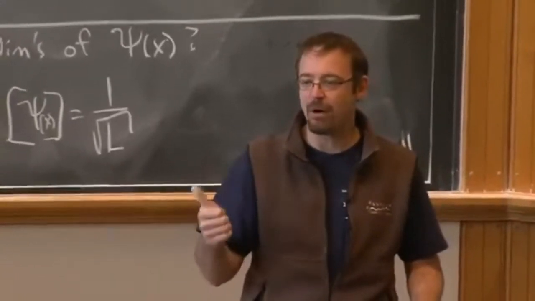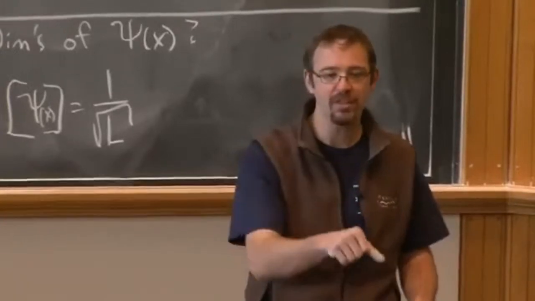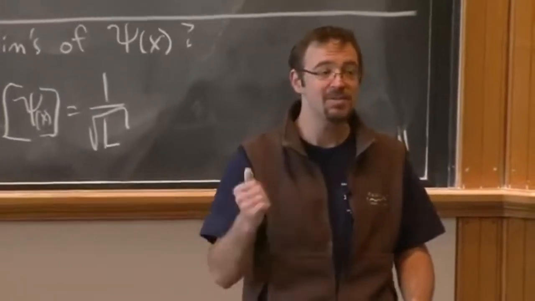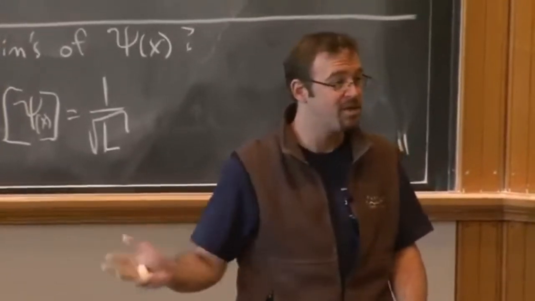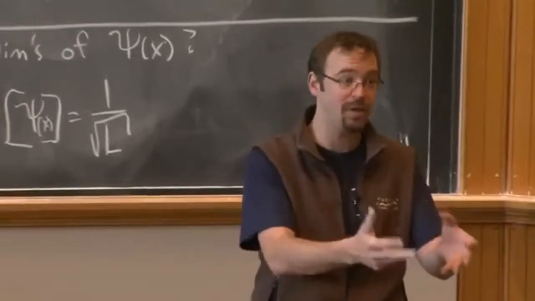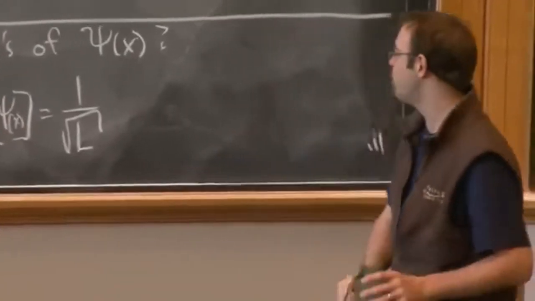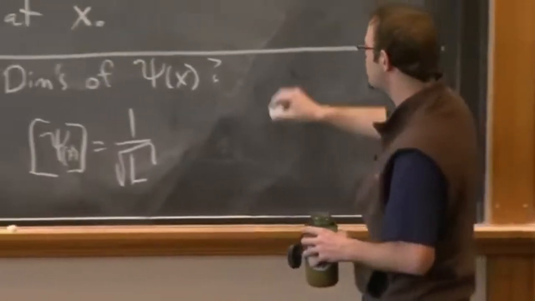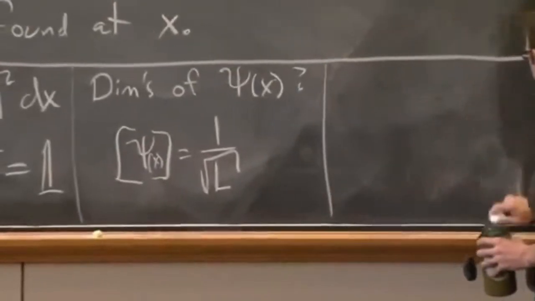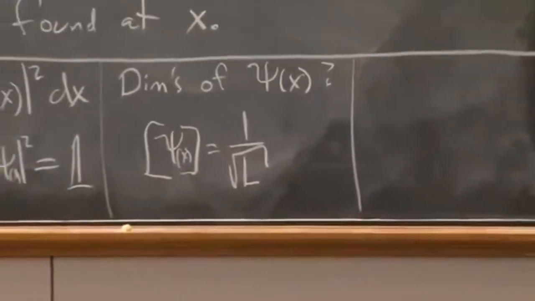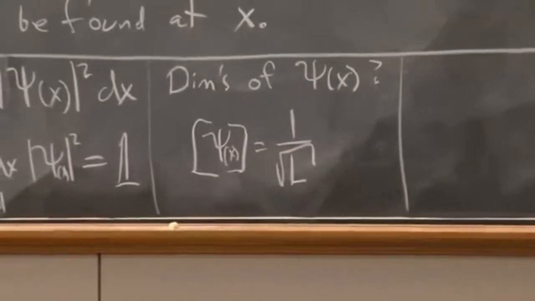Dimensional analysis is an incredibly powerful tool for you. You can check something that you've just calculated, and even better yet, sometimes you can just avoid a calculation entirely by doing a dimensional analysis and seeing that there's only one possible way to build something of dimensions length in your system. So we'll do that over and over again. But this is a question I want you to start asking yourselves at every step along the way of a calculation: what are the dimensions of all the objects in my system?